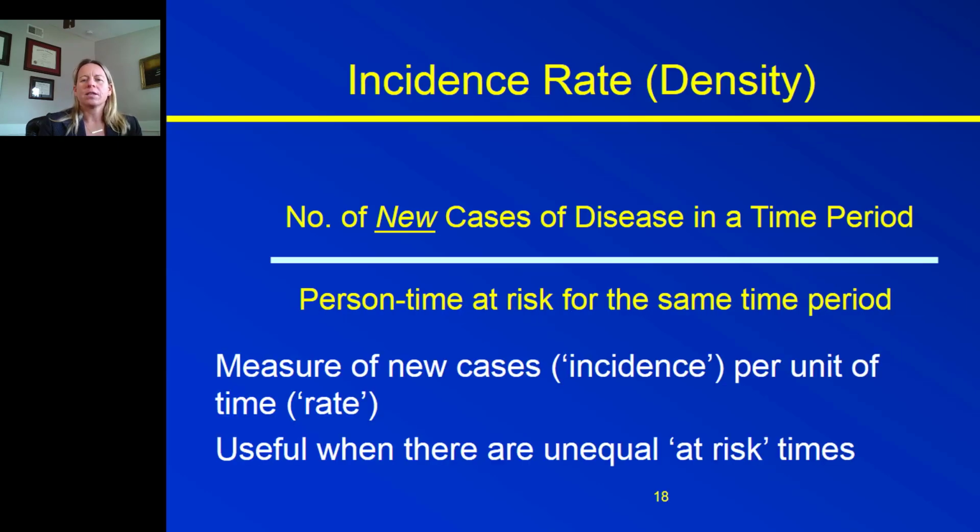So I want to talk about incidence rate or incidence density. Those are synonymous terms. It's an incidence measure, but now instead of the denominator being persons at risk, the denominator is person time at risk. This is useful to calculate when the length of at-risk time is unequal among all the persons in your study population.